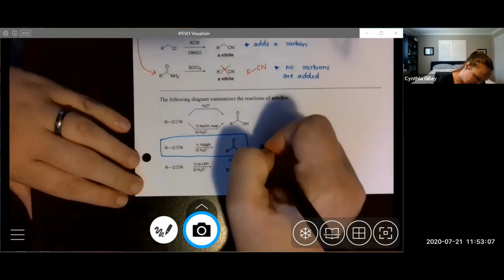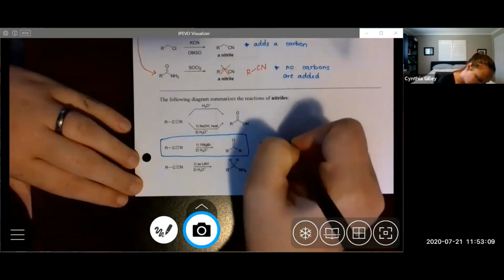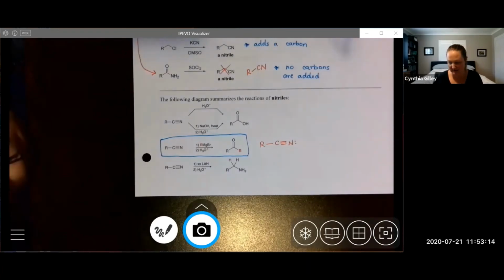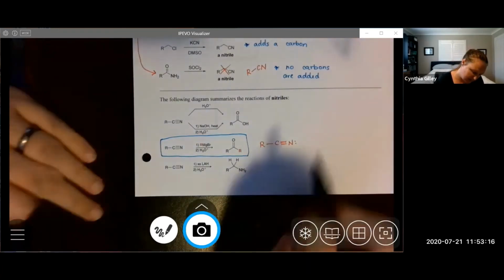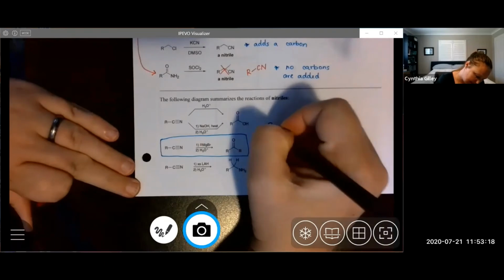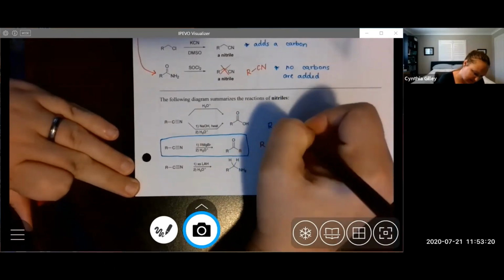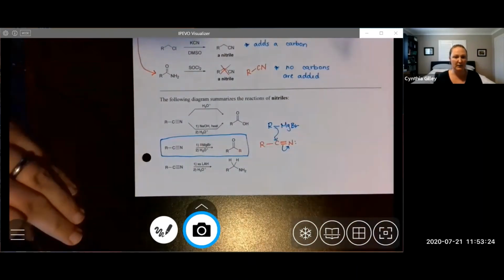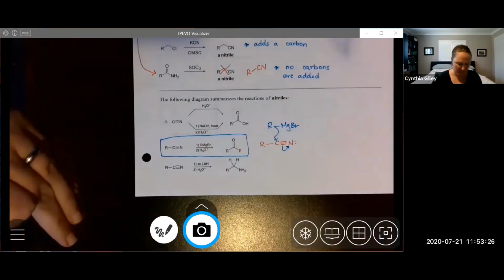Right, so the nitrile, the carbon is electrophilic just like an ester or an acid halide. And the Grignard reagent, right, can do a nucleophilic attack on the carbon. So what does that form?